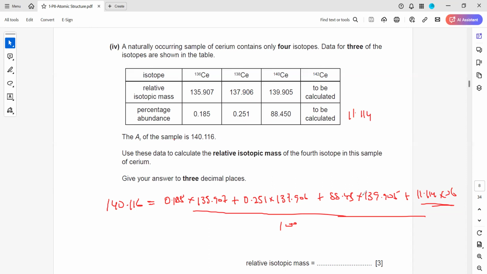That will give you the relative isotopic mass of this, 142. Is it clear? Or should I solve the steps as well? It's just a mathematical calculation, you have to solve for x.